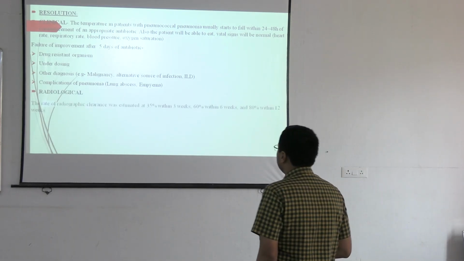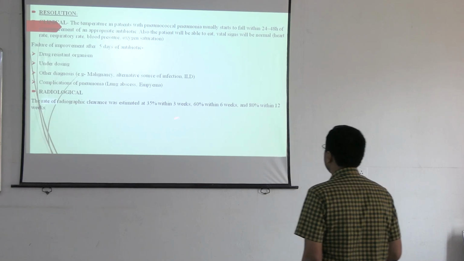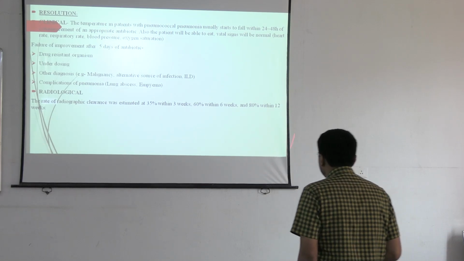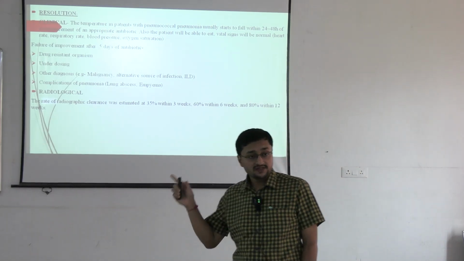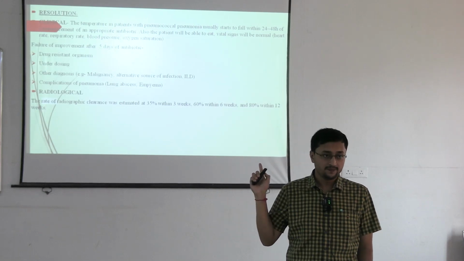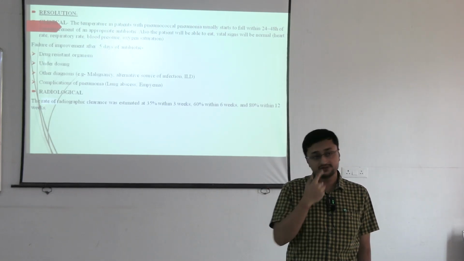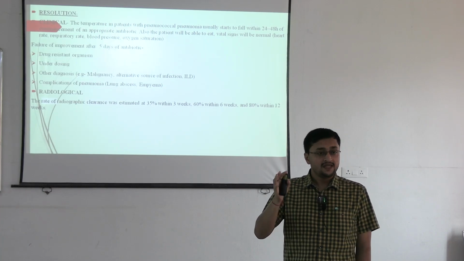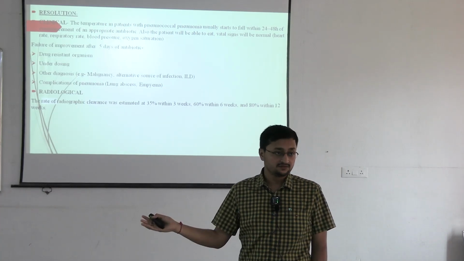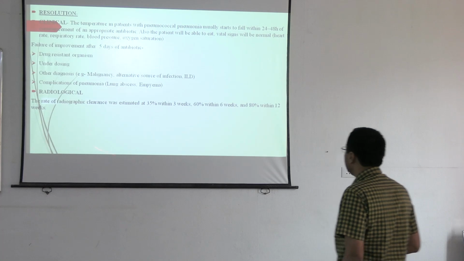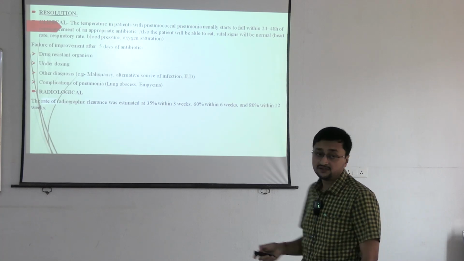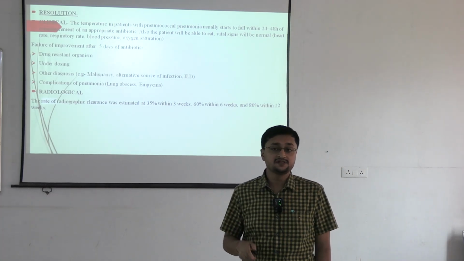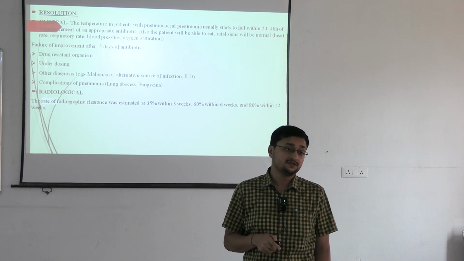And the rate of radiographic clearance is 80% within 12 weeks. See how delayed the resolution is, right? If a patient's fever subsides and then you do an X-ray, this is not good, right? So the X-ray should be done after 2 weeks. There might be a resolution of 25% after 2 weeks, and after 3 weeks the resolution is 35%.